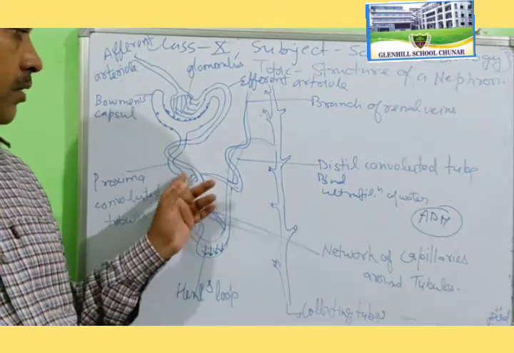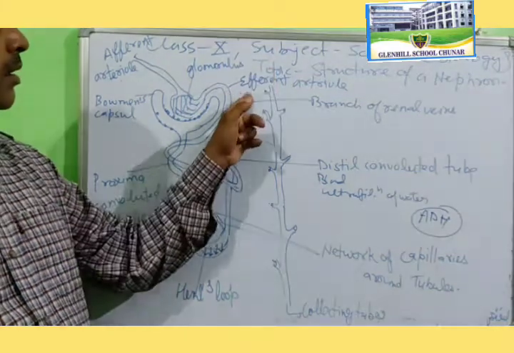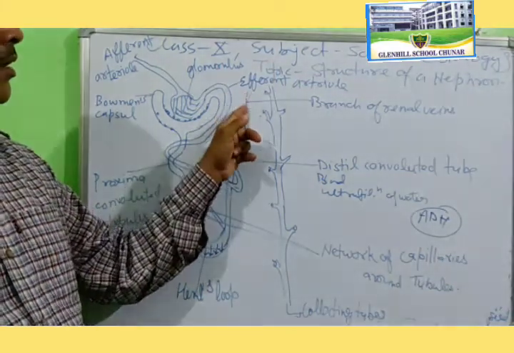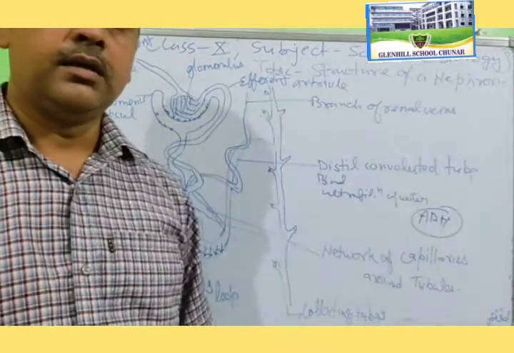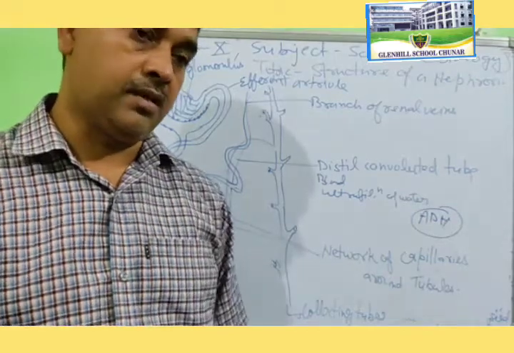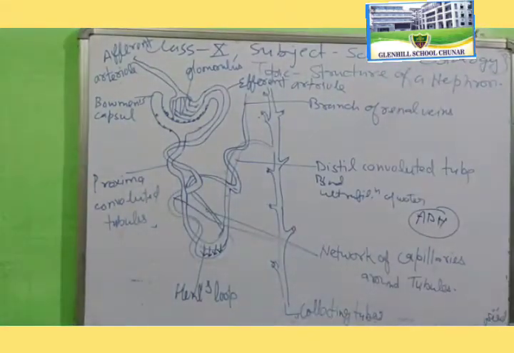Then this once again goes to the branch of the renal veins and to the heart for purification. Okay, you can read once again from your NCERT book.